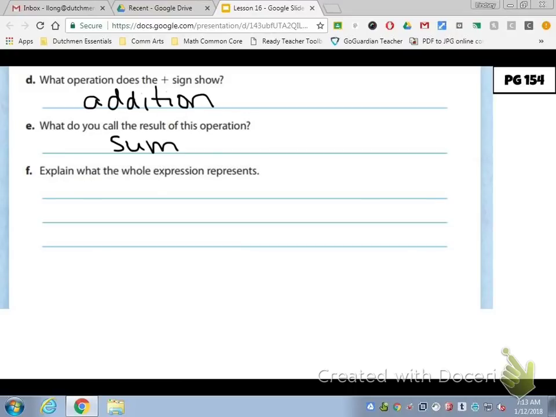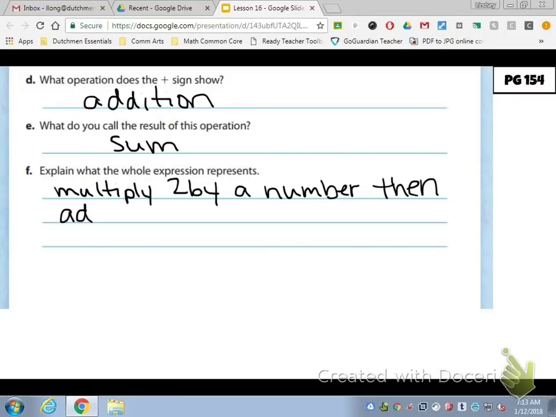And then F, explain what the whole expression represents. It represents multiplying 2 by a number, then adding 5.